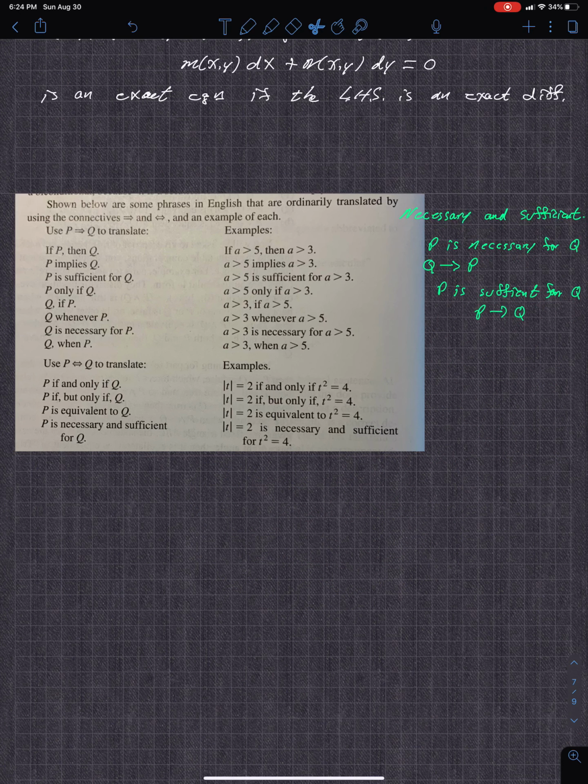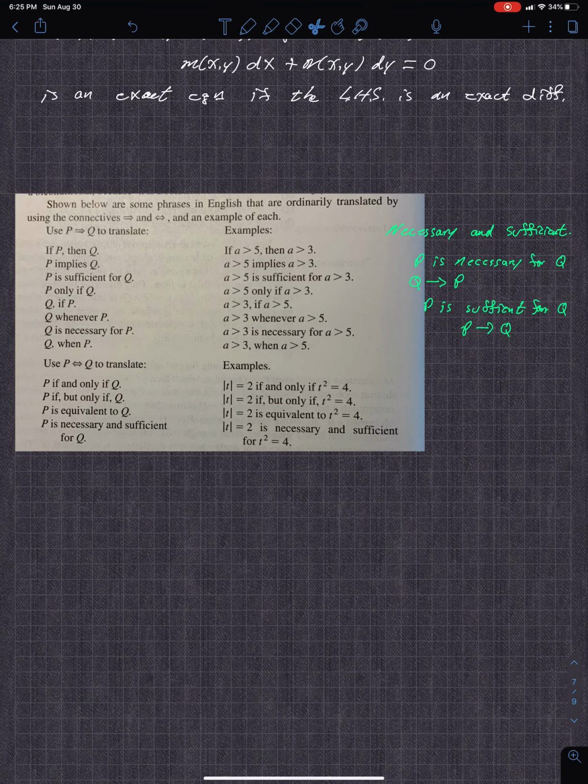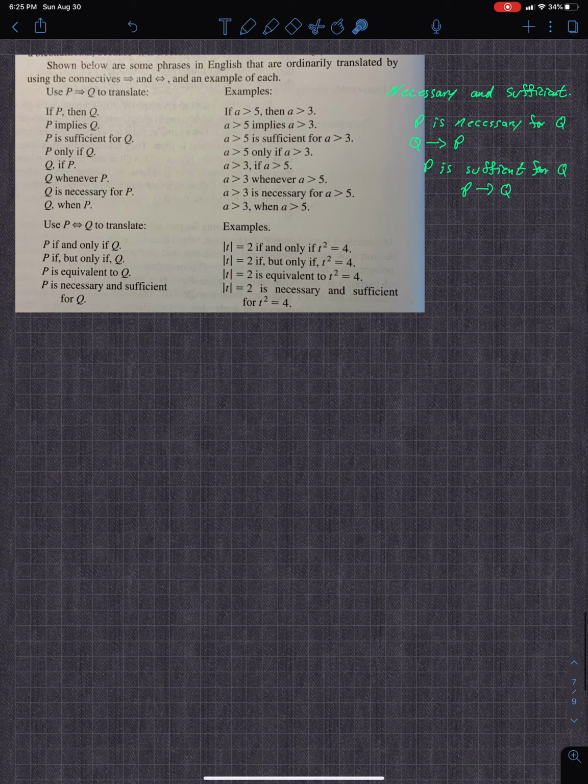So when we talk about necessary and sufficient, this describes what that means. Before I do the theorem, we'll talk about this a little bit. We're talking about an implication, P implies Q, right here. If you look at this type of statement, this is kind of an example you can use, and they just use greater than.